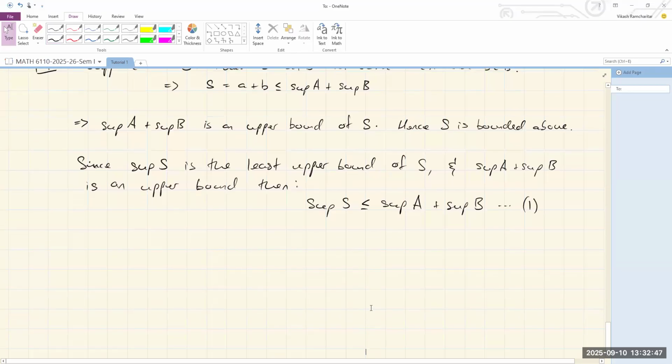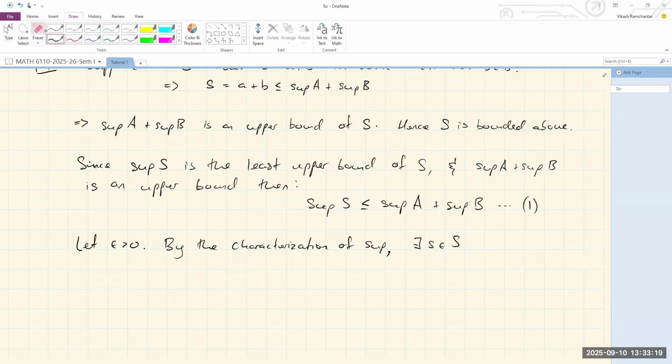To show the other inequality, we need to invoke the characterization of supremum. So let epsilon be bigger than 0. Let's do A and B first.